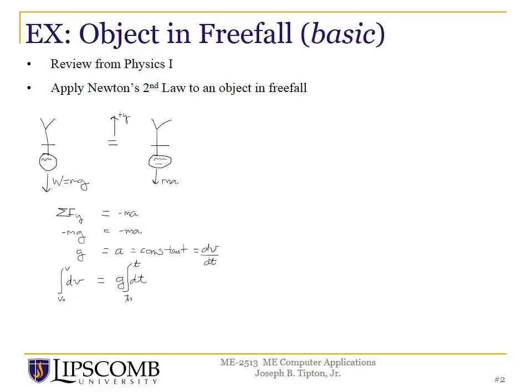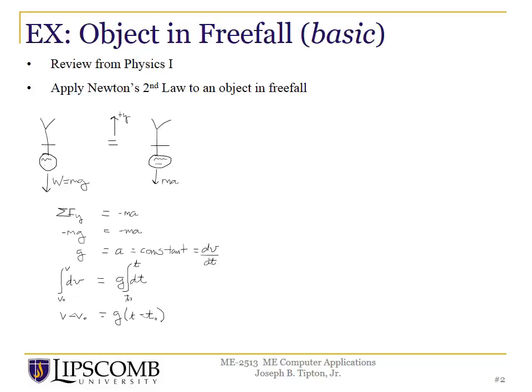I can carry out that integration, and on the left-hand side, I'll get v minus v naught, or the starting velocity. And on the right-hand side, I'll get the acceleration of gravity times, this will be a simple integral, t minus t start. Now, my initial conditions are my starting velocity and my starting time.